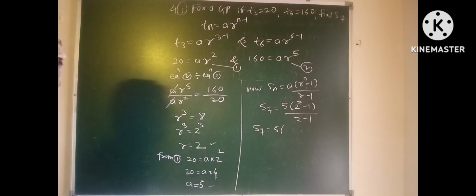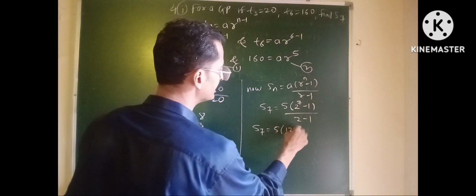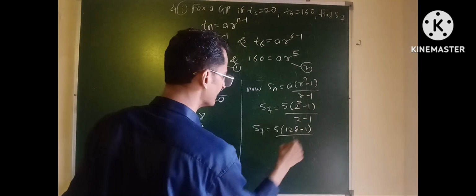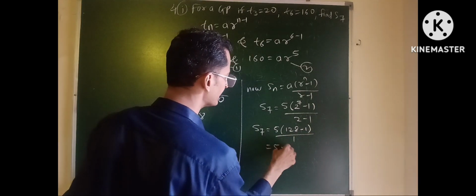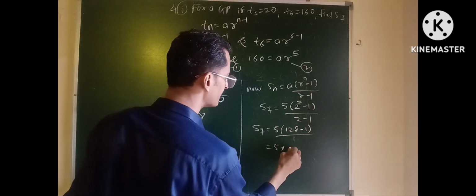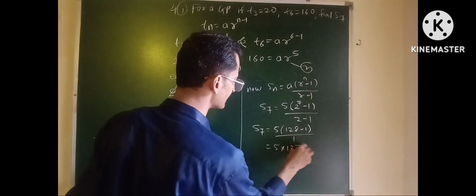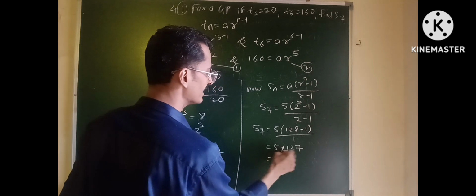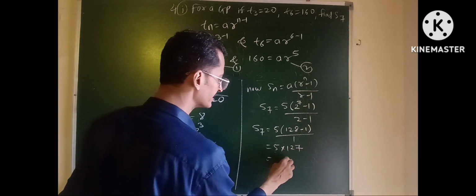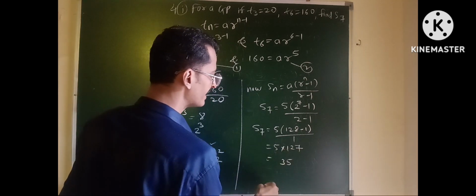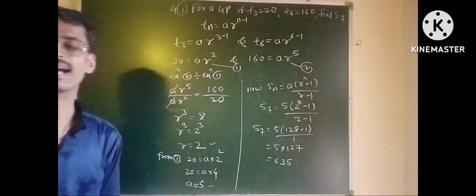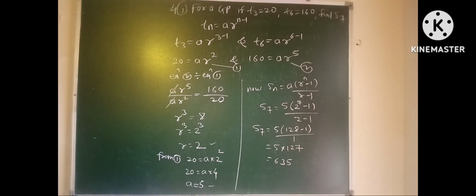Yes, 2 raised to 7 is 128 minus 1. 2 minus 1 is 1. So this is 5 into 128 minus 1, that is 127. Now 5 sevens are 35, 5 twos are 10 and 3 is 13, 5 ones are 5 and 1 is 6. So answer is 635. Okay.